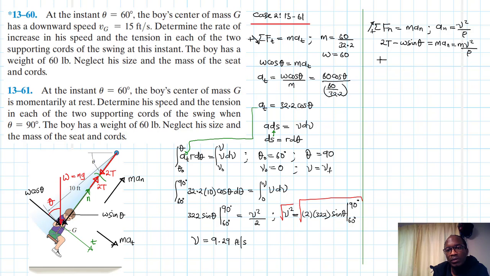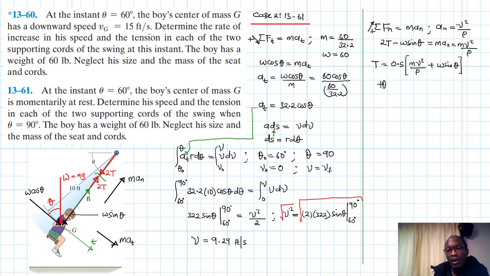So making T subject of the formula, this just becomes T is just equal to, 2 goes the other side. You can write this as just 0.5. So we have T is just equal to 0.5, and then we have m v squared divided by rho, plus w sine theta.